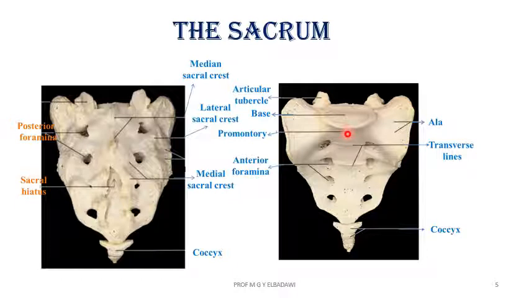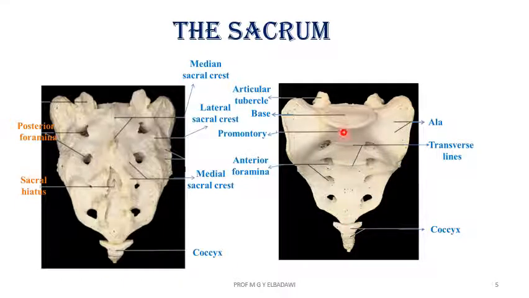The other thing is the fusion, as we said, forming the median and the two lateral masses. Below, it articulates with the coccyx, forming the sacrococcygeal joint, again a secondary cartilaginous joint.